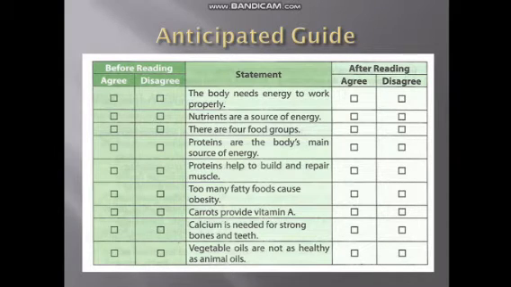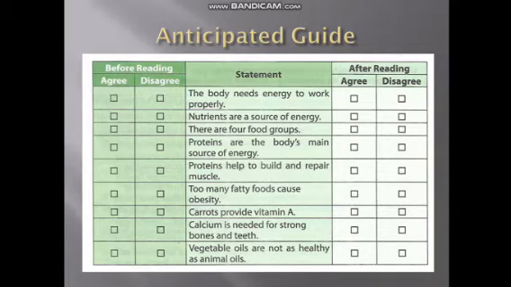So this is an example of an anticipation guide. Alright, and we have the before reading section and we have the after reading section. Alright, so on the before reading section we have agree, disagree, and we have the statements, and we will read each statement and state whether we agree or disagree before we actually read the paragraph that supports these statements.